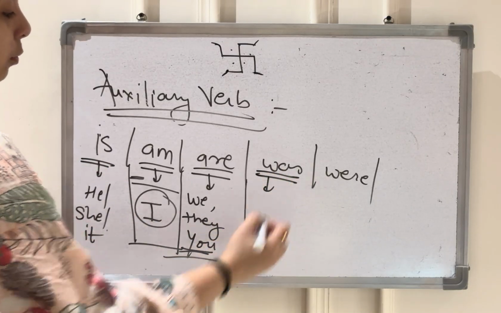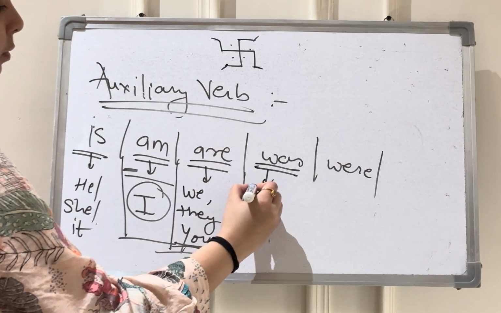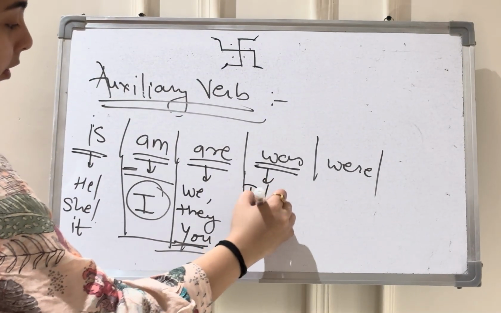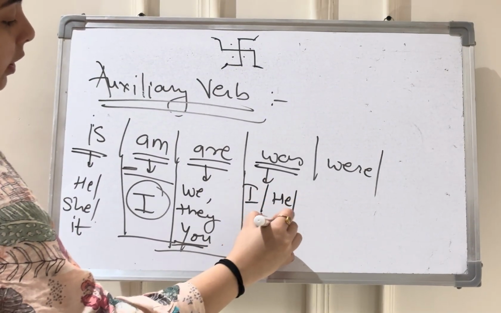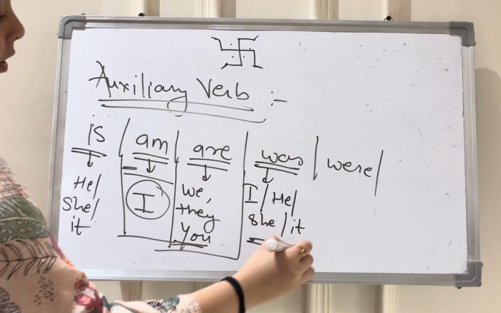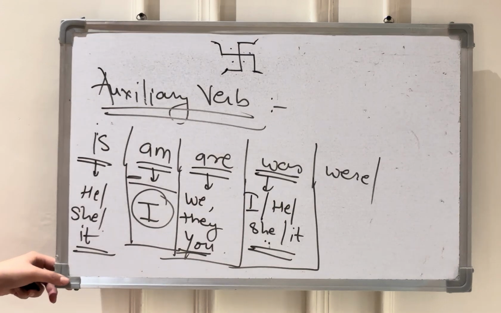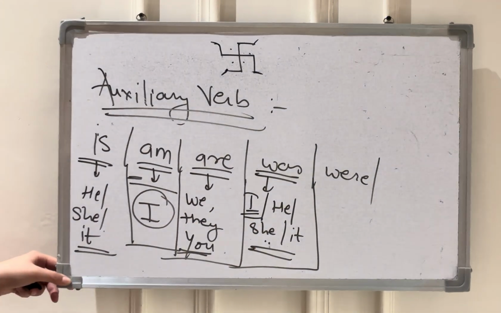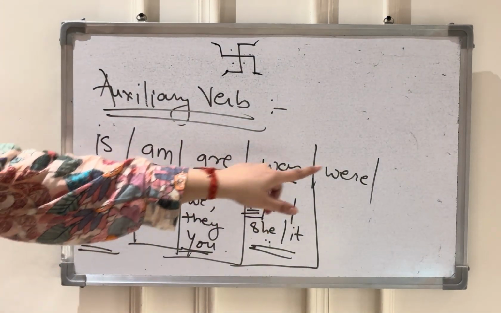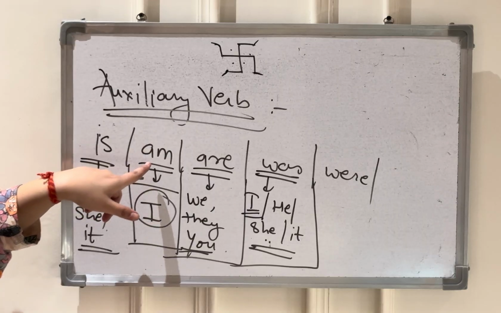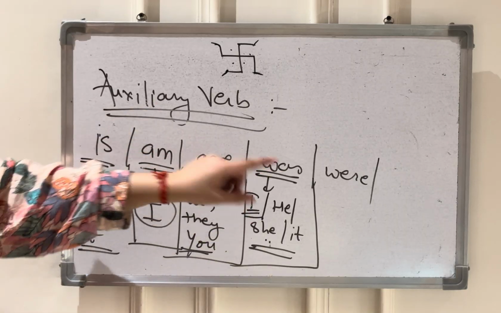Was. What am I using with was? I am using I, he, she, it. Now these are almost the same as is, but we have already added I. Why have we added I? Because in past continuous tense am cannot be applied and I will be used as a singular person.